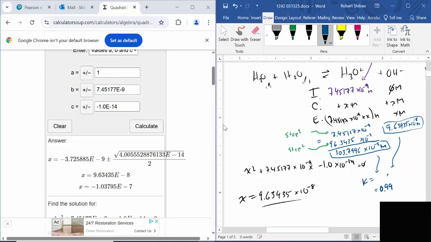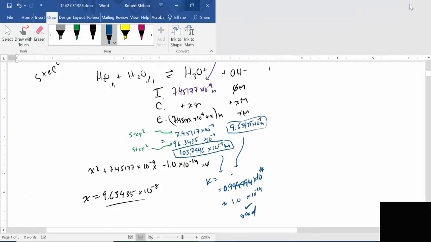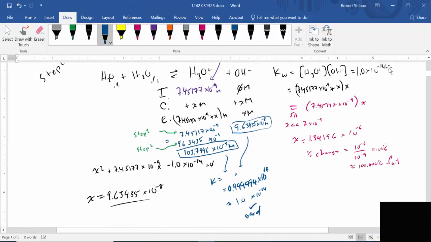I end up with 0.999994 times 10 to the minus 14, which is basically 1.0 times 10 to the minus 14. So this is good. For step 2, this is good.